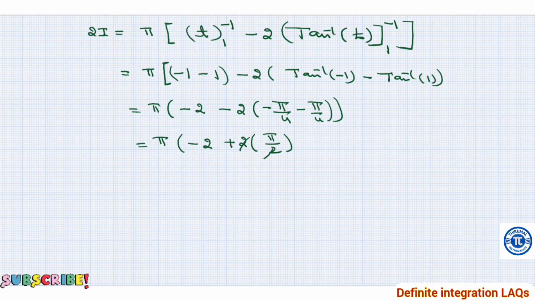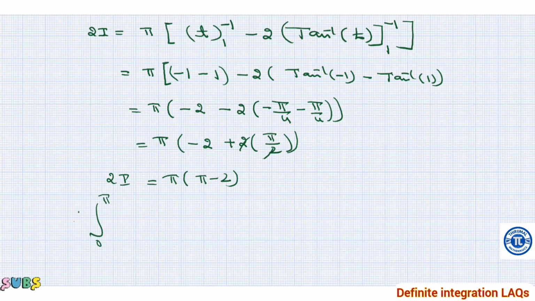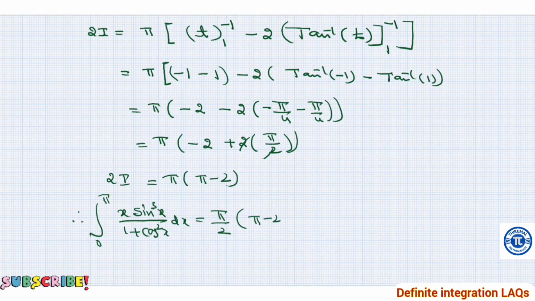Here the 2 cancels, then we get pi into pi minus 2 equals 2I. So I, the integral from 0 to pi of x sin³x by 1 plus cos²x dx, is equal to pi by 2 into pi minus 2.